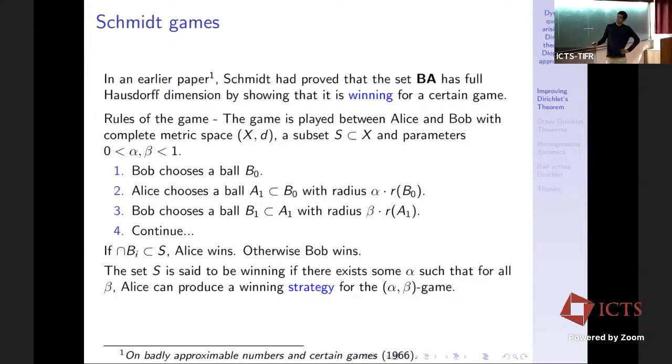If the intersection is in the set S, then Alice wins, otherwise Bob wins. So S is said to be winning if Alice can produce a winning strategy for some alpha, and Bob is allowed to vary beta. If there exists some alpha such that Alice has a winning strategy for every beta, then the set S is alpha winning.